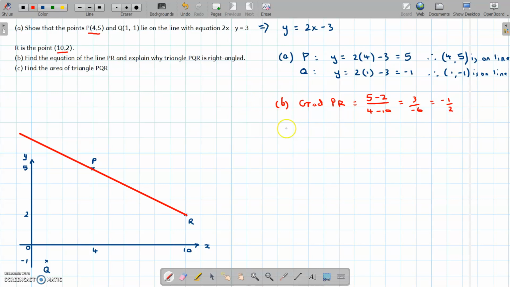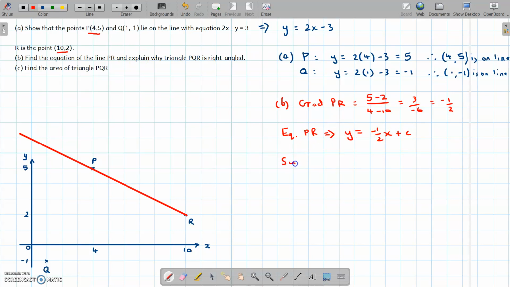So the equation of PR, the equation of the line, is y equals minus a half x plus some constant c, which is where it cuts the y-axis. So y equals the gradient times x plus c. Now, we know that P and R are both on the line. So if we took one of those points and substituted its x and y coordinates into this equation, we would find c.